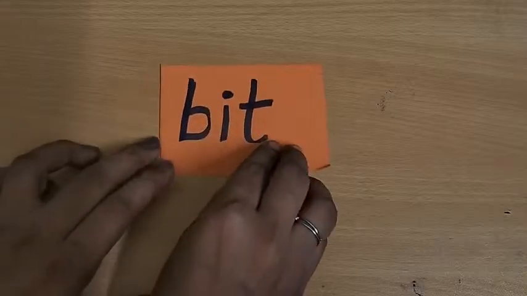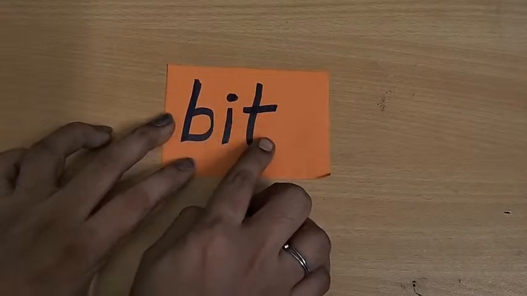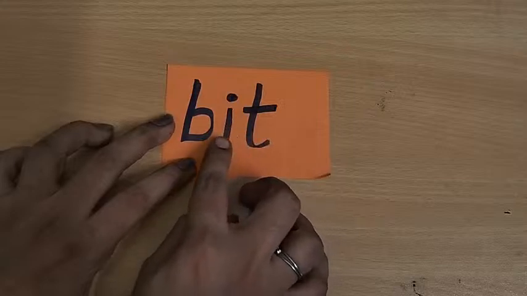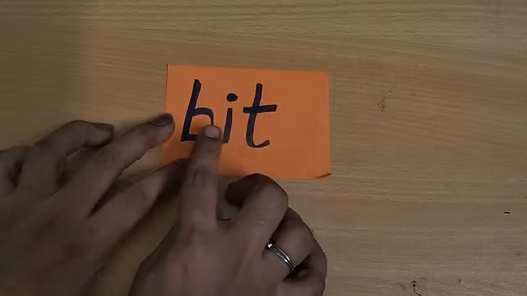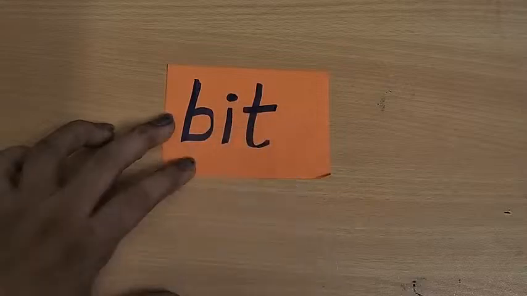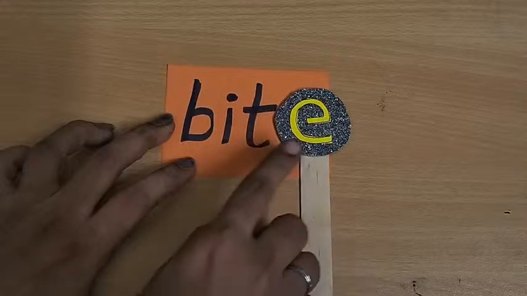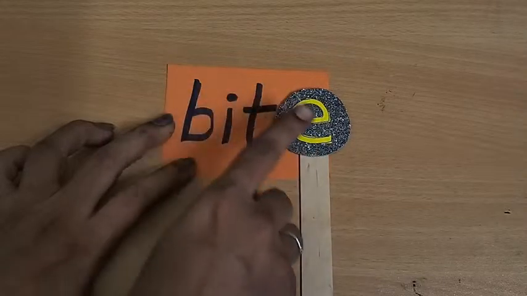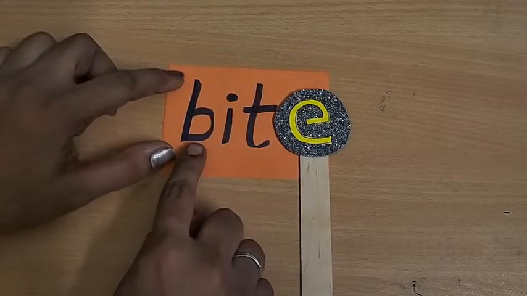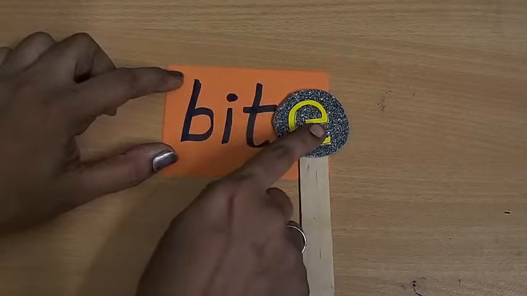First, I'll take the three-letter word bit. B, I, T. When reading it as a three-letter word, the pronunciation and the meaning of the word is different. B, I, T, bit. If I add E at the end of the word, the total word meaning and the pronunciation change, right?